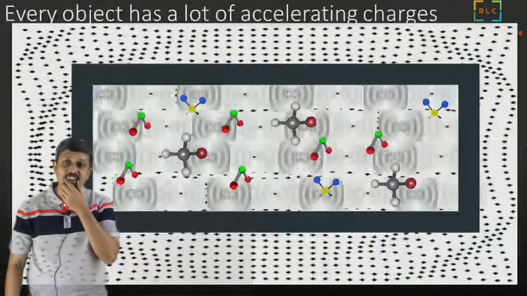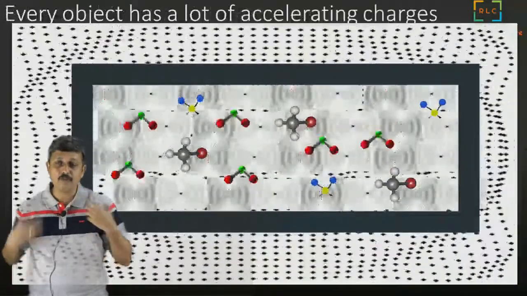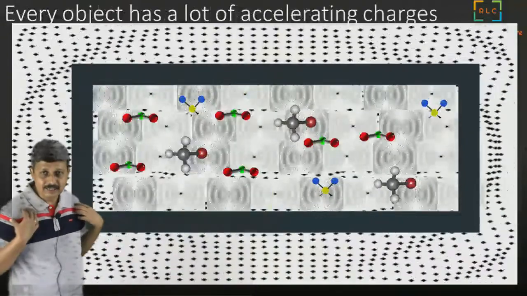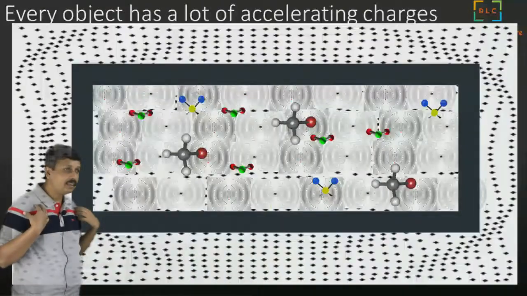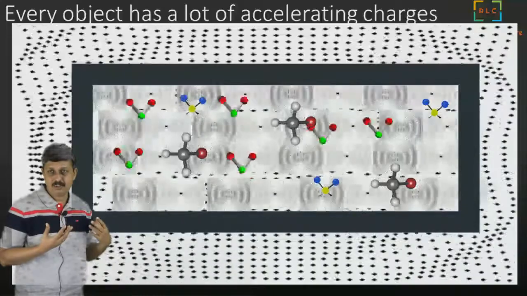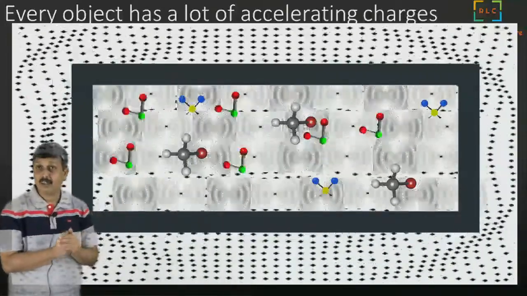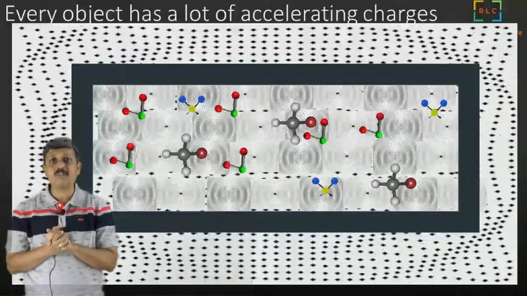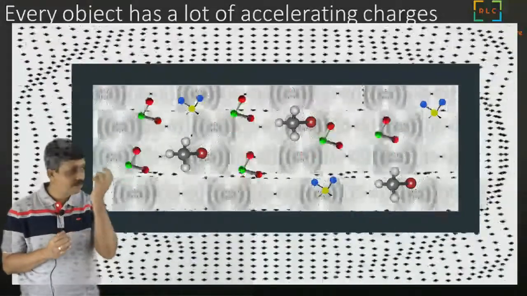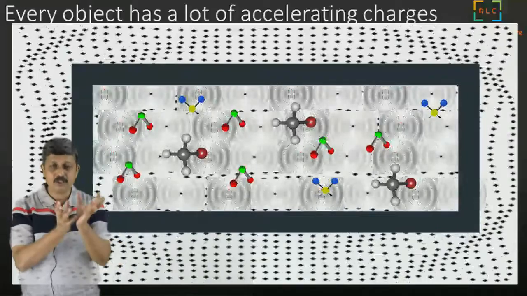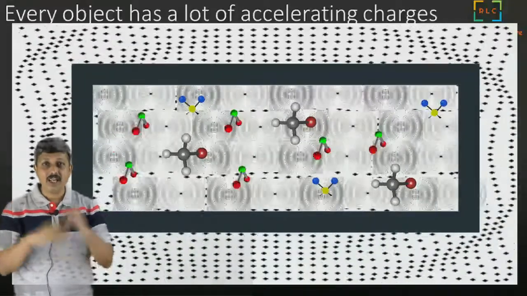But where is the charge jiggling? In our body. So you can clearly see, I told you already that in every object, the atoms and molecules are always jiggling. And atoms and molecules have a lot of charge inside. Protons are charged, electrons are charged, molecules sometimes are charged, so ions are charged.